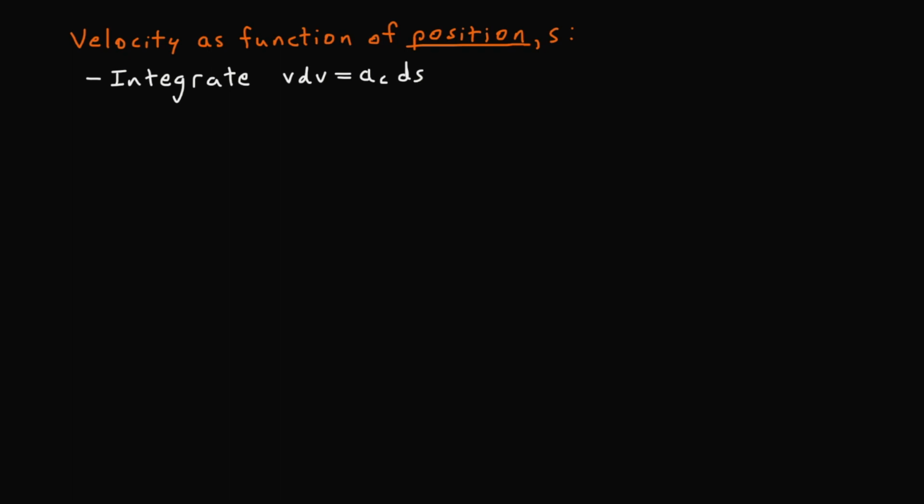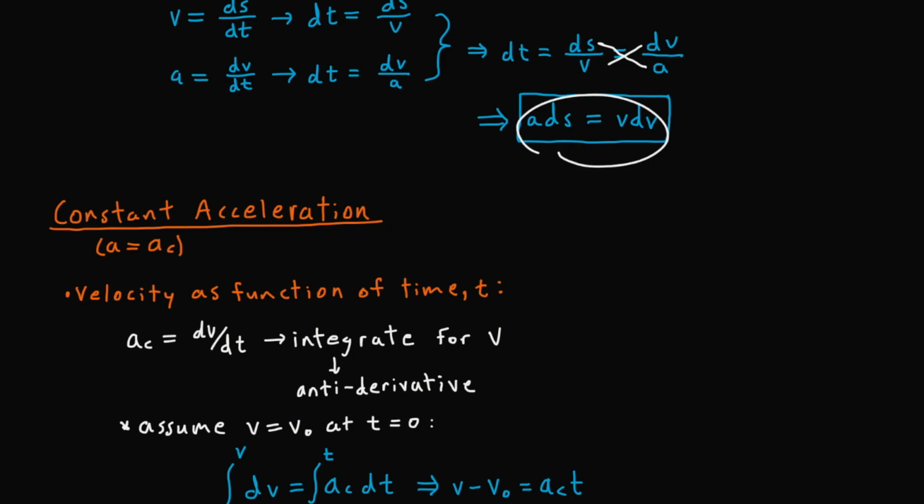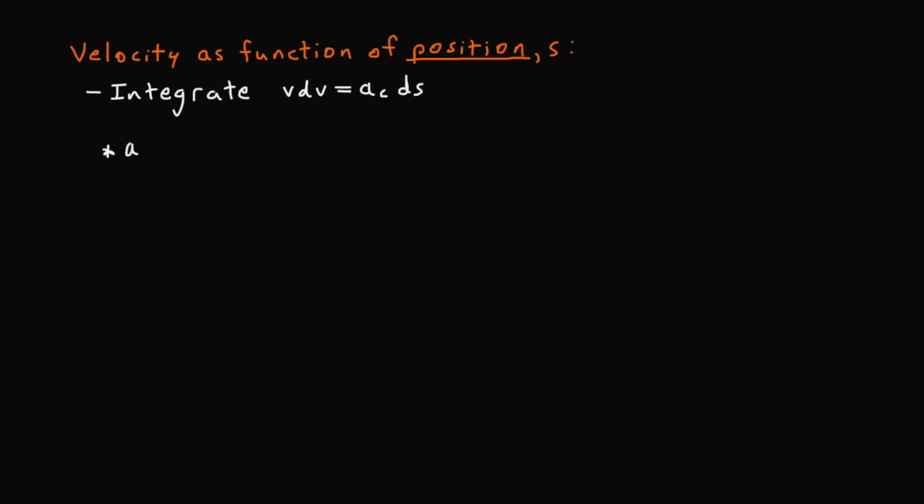Here, of course, I just substituted in ac, whereas before we had a ds equals v dv. Now here we will assume our initial conditions to be v equals v naught at s equals s naught, where this basically says that velocity is initial velocity at initial position. Here, of course, we don't have a time t variable as we did before.